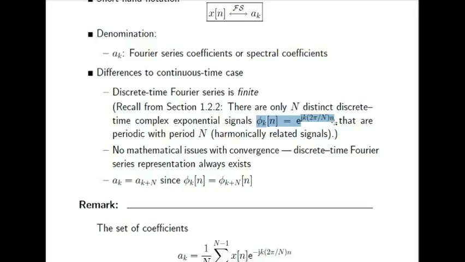Okay, this is your phi_k function, which is the complex exponential of the discrete time Fourier series representation.